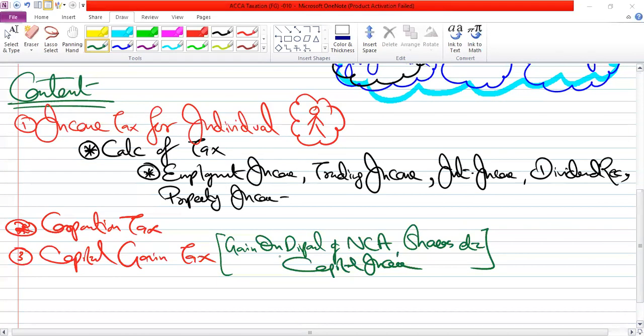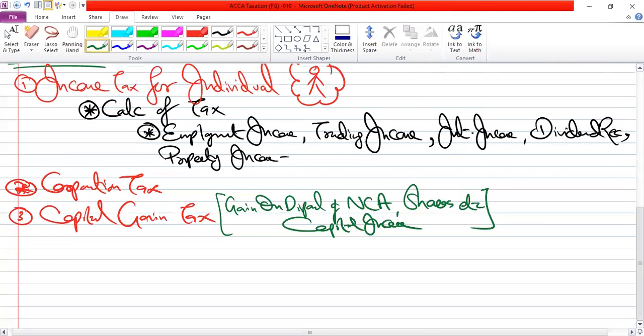So all the types of capital income, which are disposal of non-current assets and disposal of shares, the government is imposing tax on them, and that tax is known as CGT, meaning capital gains tax. Got my point?